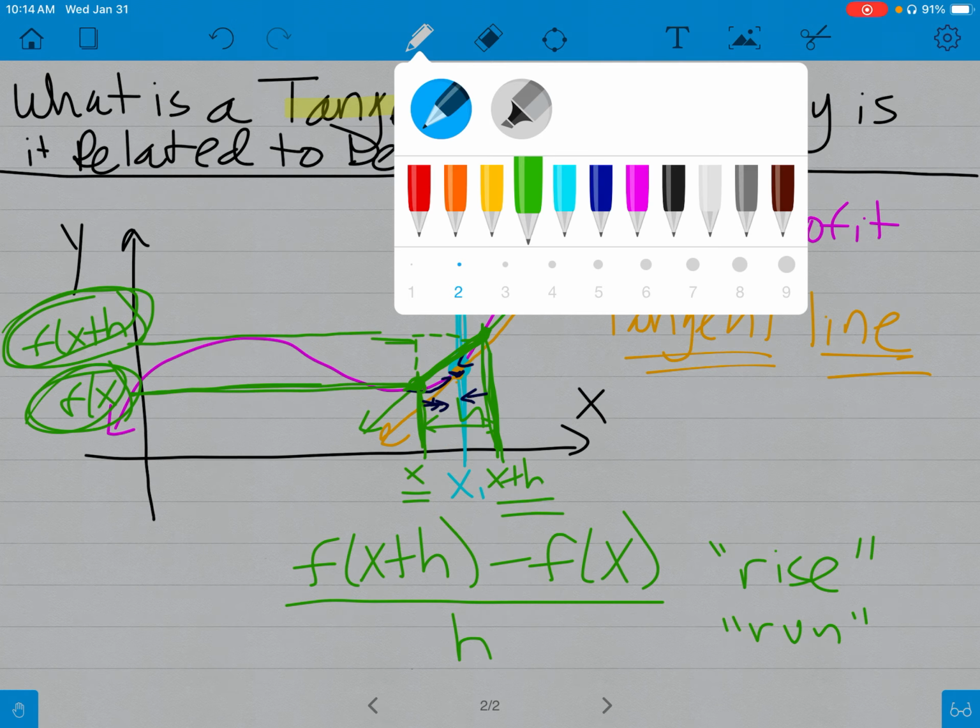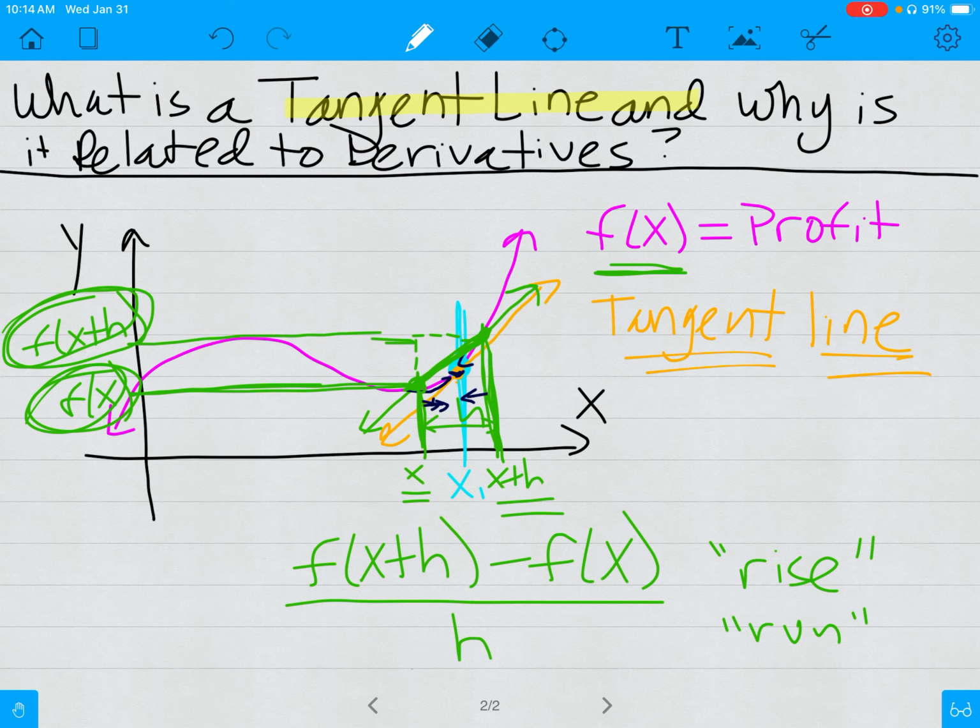And what would that represent here graphically? Well, if we're letting this h value, the distance between the x and the x plus h, shrink and shrink all the way down until we get to one single point, that would be the limit as h approaches 0.